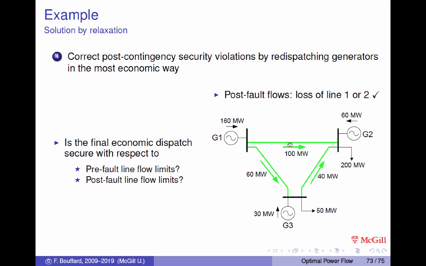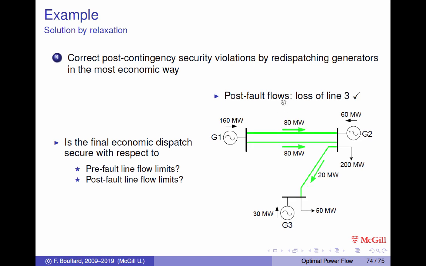So here you see that we had 2 lines which are effectively binding. So this might be a bit of a dangerous situation in practice, but again, for the sake of this example, we won't discuss that. What else now? If we lose line 3, we see that we have that 160 megawatts, which gets shared 50-50 between lines 1 and 2.